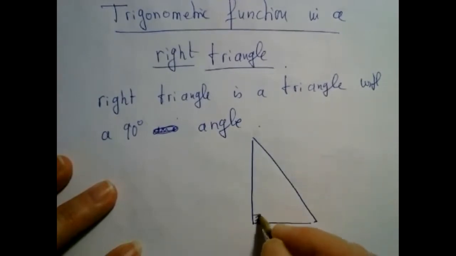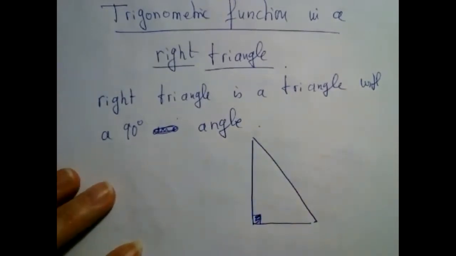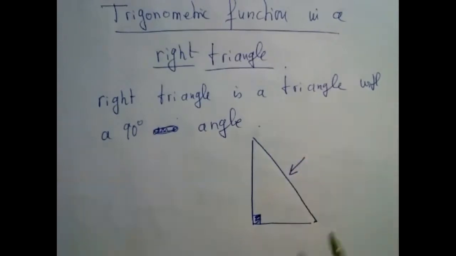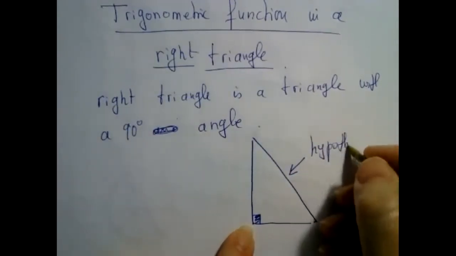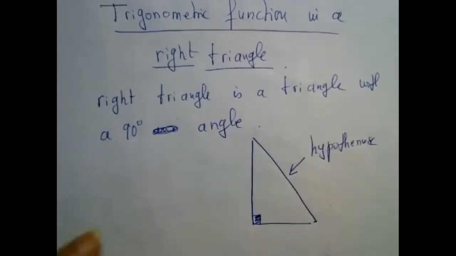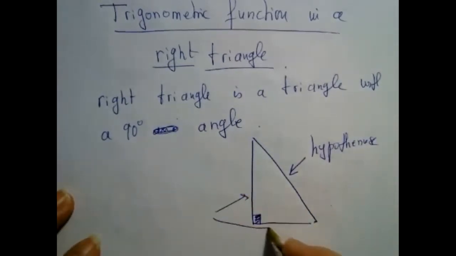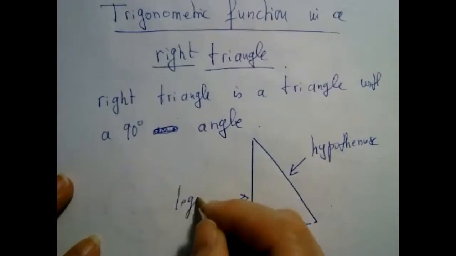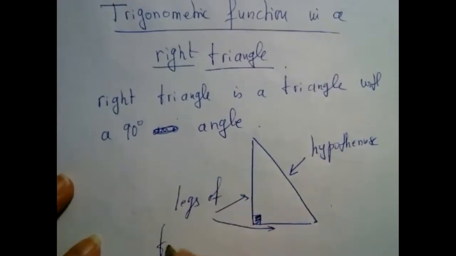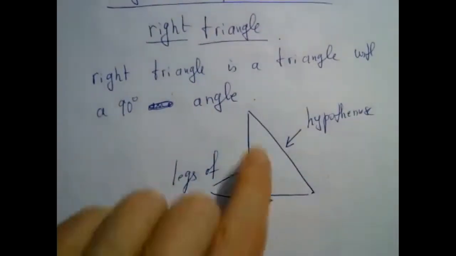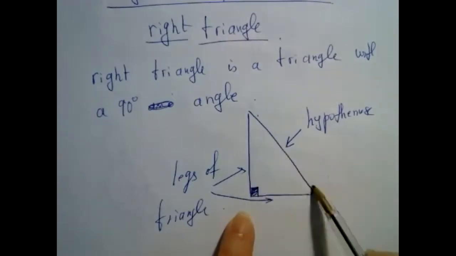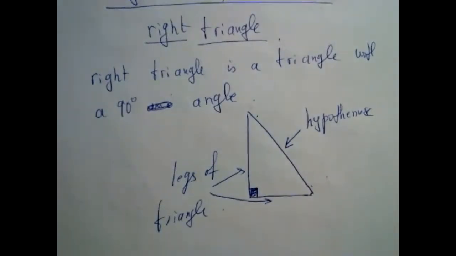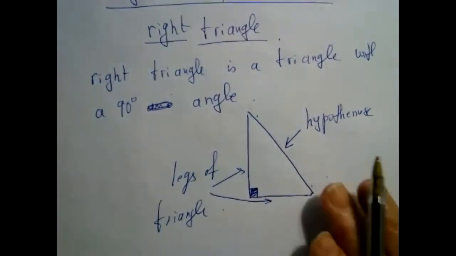This is my right 90-degree angle. And in a right triangle, this side here, the one opposite to the 90 degrees, is called the hypotenuse, as you guys remember. And those two sides, sometimes we call them the legs of the triangle. The notion of hypotenuse only exists in a right triangle. Otherwise, there is no such thing as a hypotenuse.